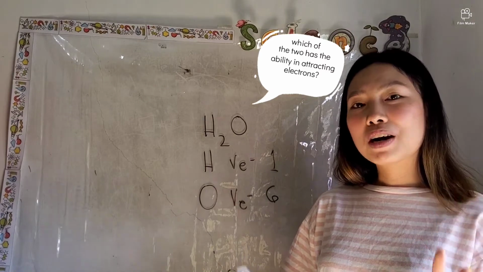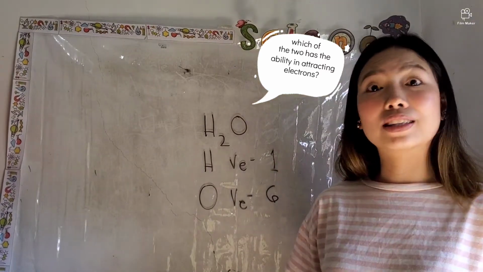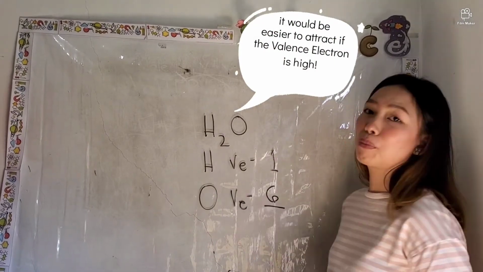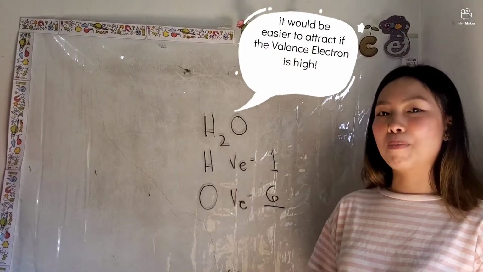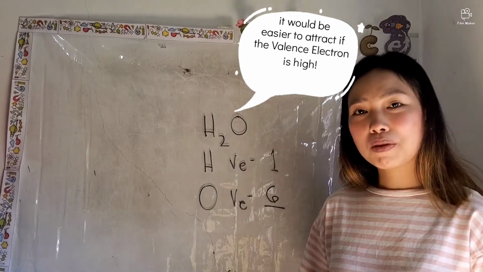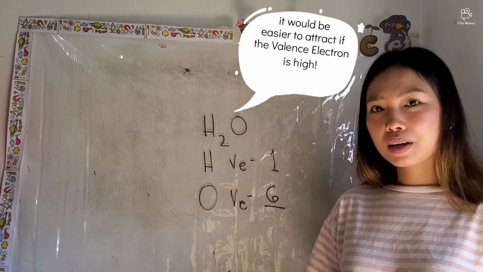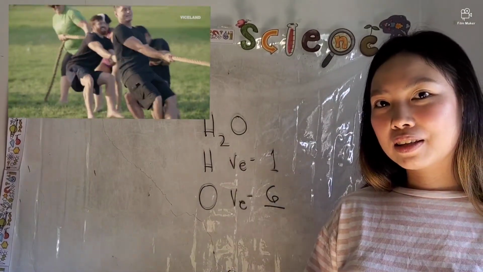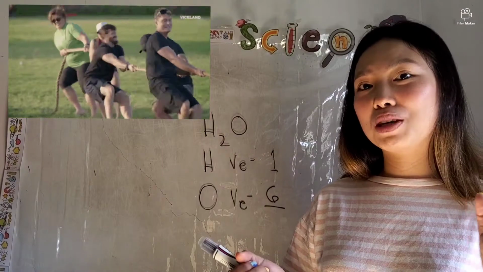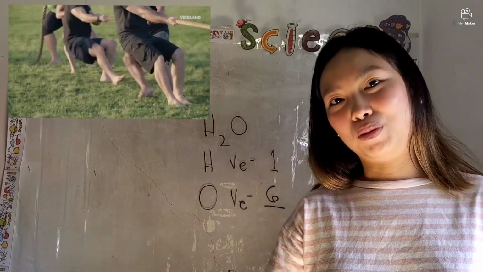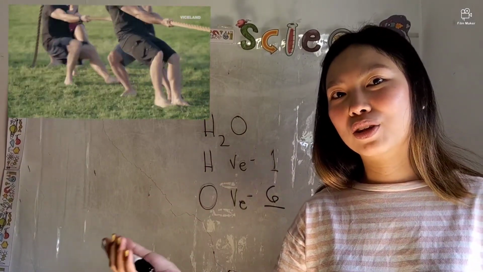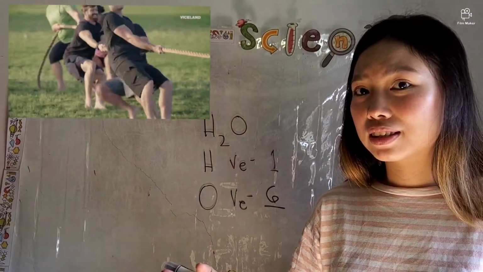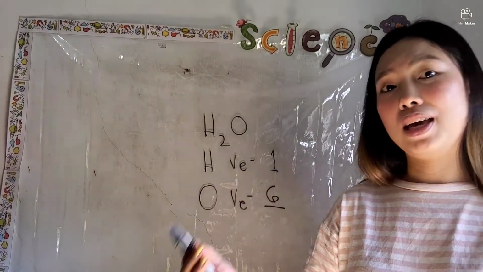So, syempre, mas madaling humigit o mag-attract ng electrons kung mas mataas na yung number mo at mas konti naman ang kailangan mo. Parang sa tao, pag naglaro tayo ng higitan, syempre, mas mananalo yung mas madami kesa sa konti. Mas madaling humigit yung madami kesa sa konti. O for example naman, isang mataba at isang payat.